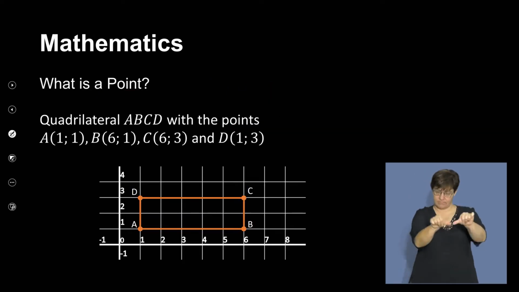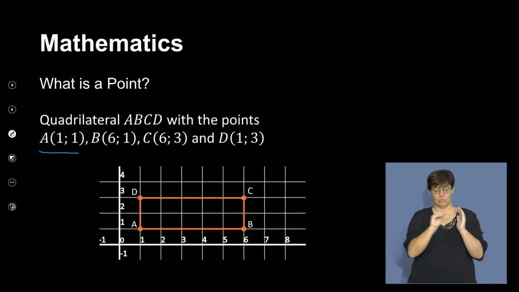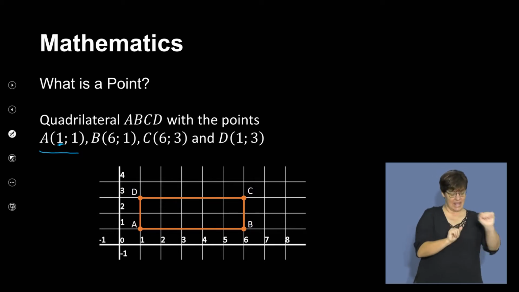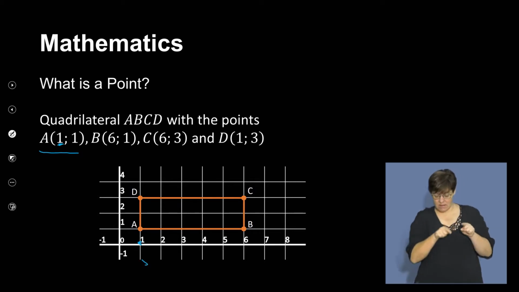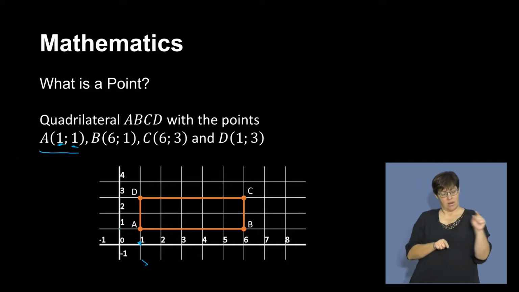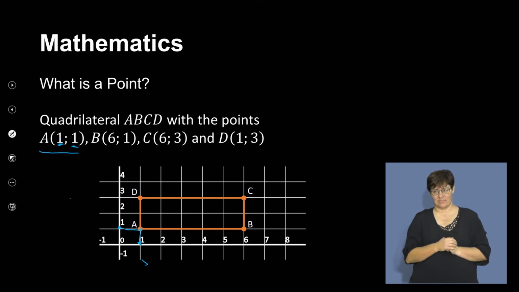So if I have a whole bunch of points, here I've got A, B, C, D, I've plotted them. We can see that for A, the x value is 1, and so if I find 1 on the x-axis, and 1 on the y-axis, where do they meet up? Well, they meet up at this point, and therefore that is A.